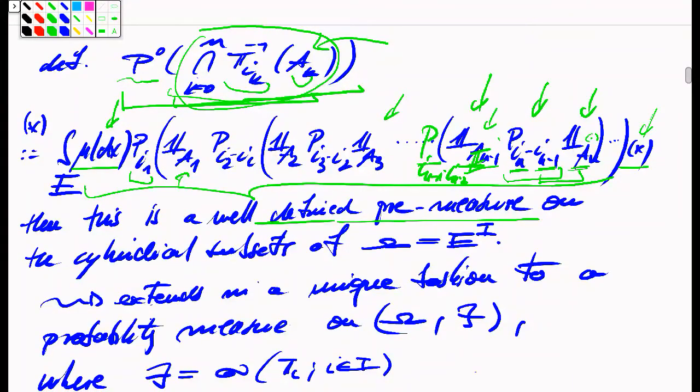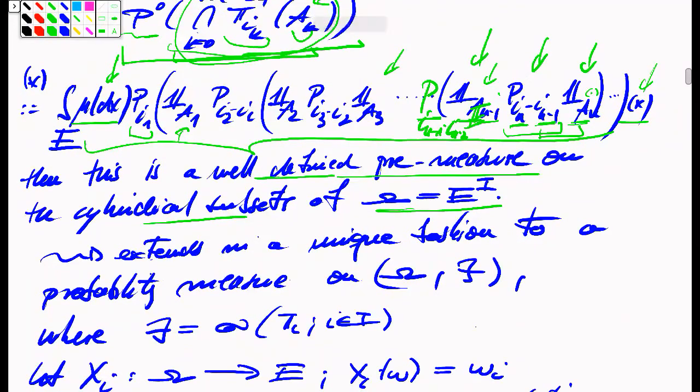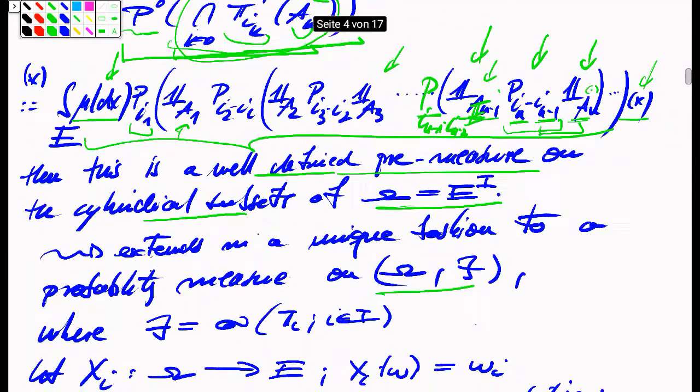We can find that this is in fact not only a content, but it's actually a pre-measure on this algebra, and so therefore we can invoke Carathéodory's extension theorem to show that there is a unique extension of this pre-measure to a measure on the Borel sigma field, which is generated by these cylindrical sets, and that's in fact the set on which we want to work.